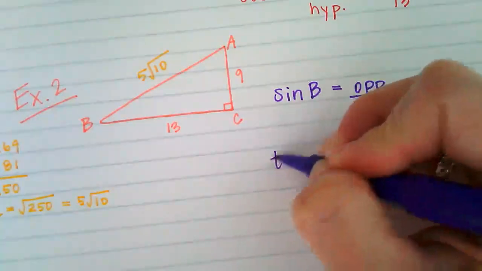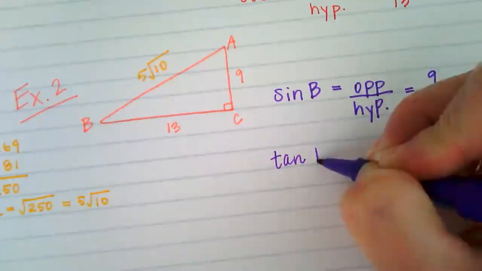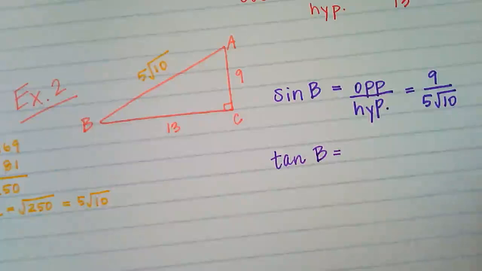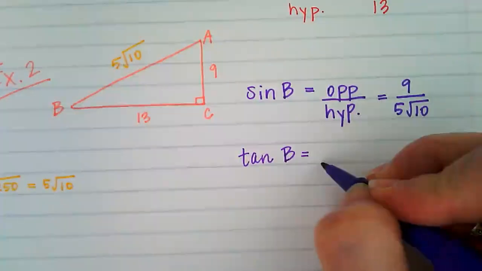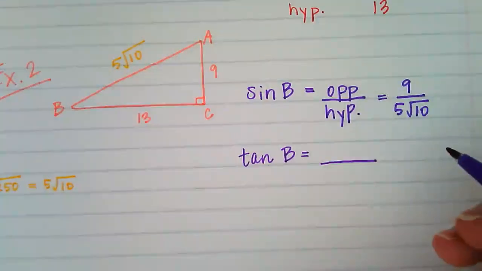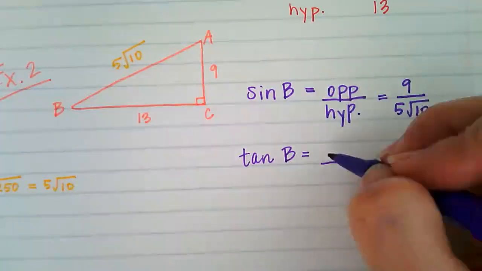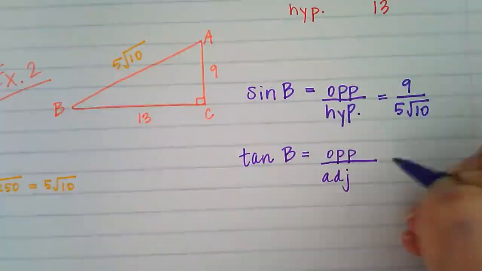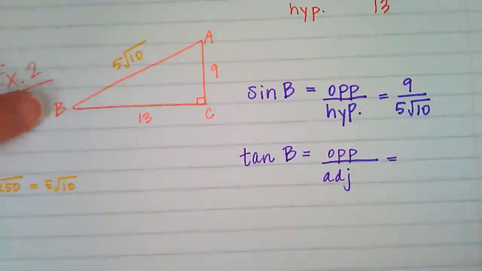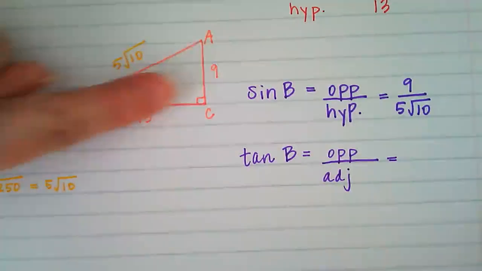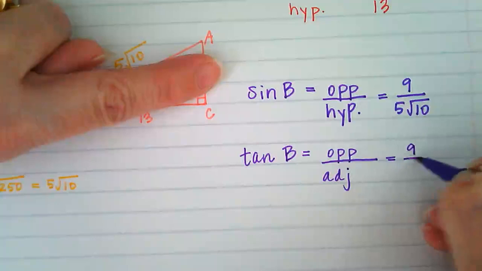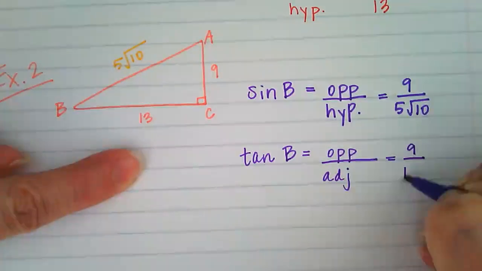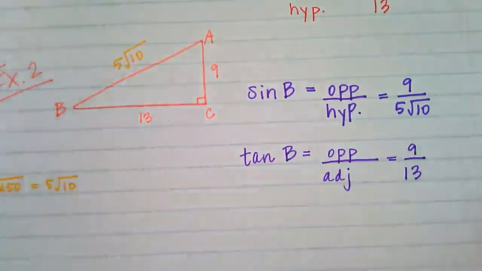Let's do the tangent of B. So if you think SOHCAHTOA, TOA is opposite over adjacent. So from angle B, the opposite is 9, the adjacent is 13.